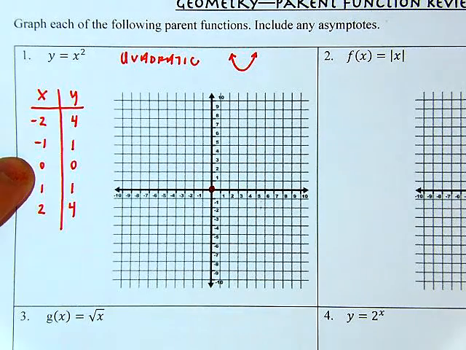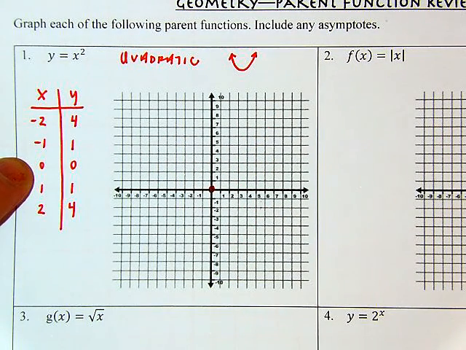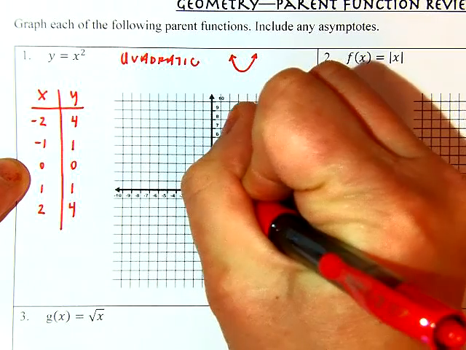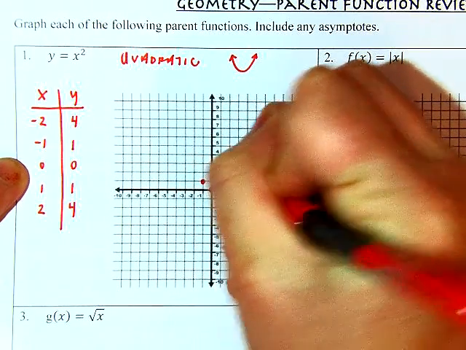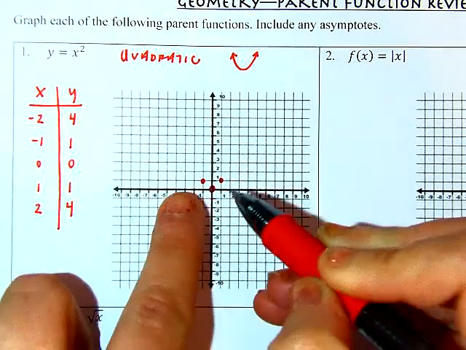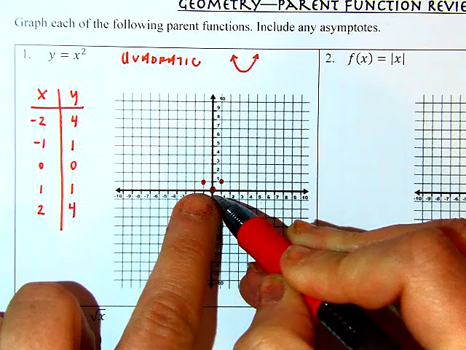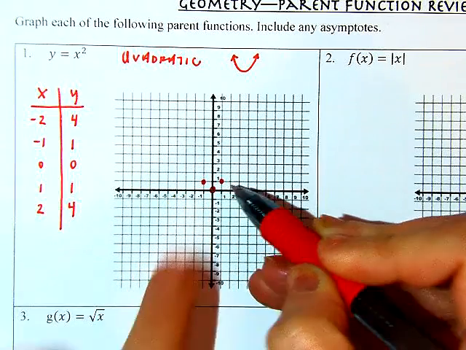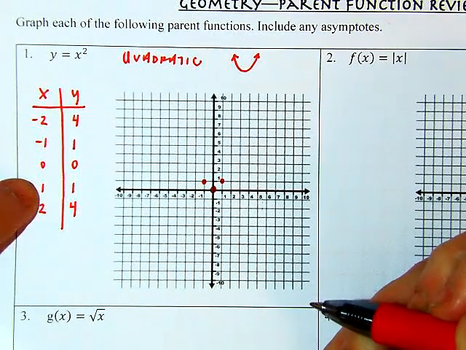So I'm just starting right there. And from here, I'm really going over 1 in both directions and up 1. Those are the 2 points here and here.